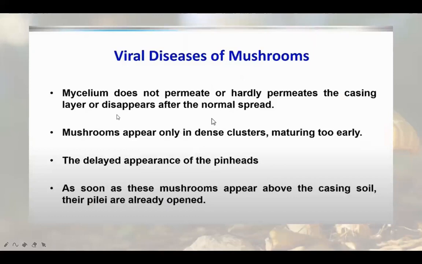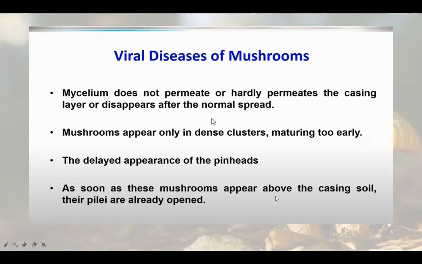Next, coming to the next disease, the mycelium does not permeate or hardly permeates the casing layer, or disappears after the normal spread. After the virus grows in the mushroom, the mycelium disappears. Mushrooms appear only in dense clusters, maturing too early. Maturation is early and pinhead formation is delayed.